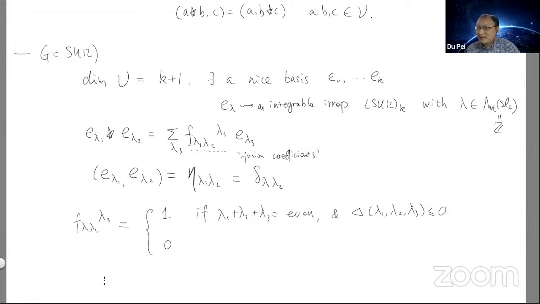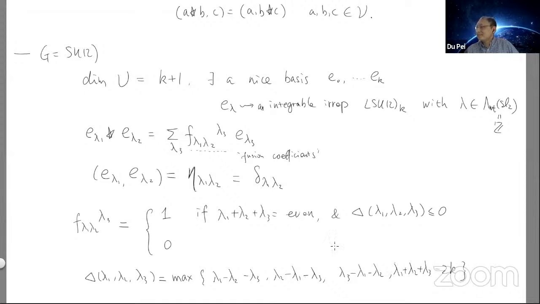Here, delta lambda 1, lambda 2, lambda 3 is defined as the maximum of lambda 1 minus lambda 2 minus lambda 3, lambda 2 minus lambda 1 minus lambda 3, lambda 3 minus lambda 1 minus lambda 2, and lambda 1 plus lambda 2 plus lambda 3 minus 2k.